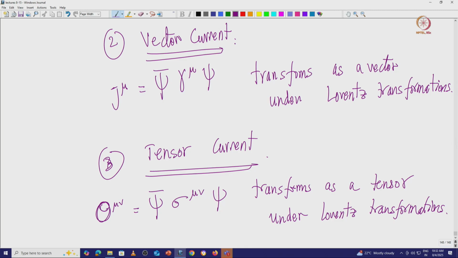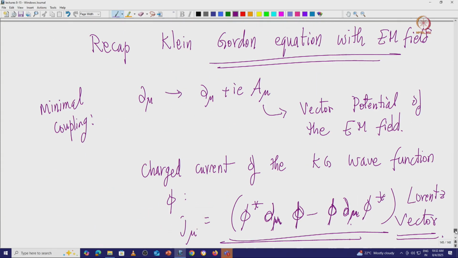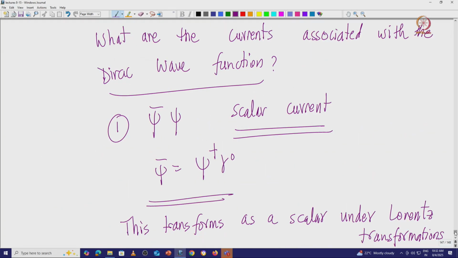So, we introduced 3 currents. One is the scalar current, through which we couple scalars. If I put a scalar, it will be Lorentz invariant. I can write an action which is completely Lorentz invariant, psi bar psi phi. That will be a Lorentz invariant quantity, and those lead to Yukawa theories.